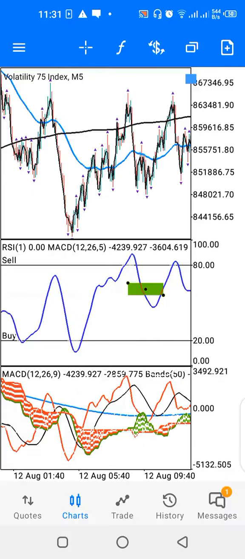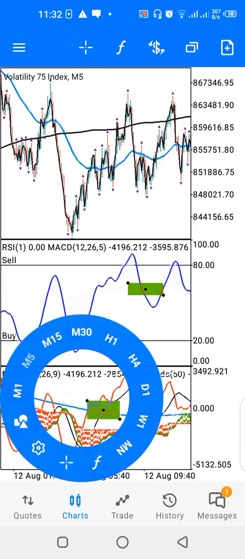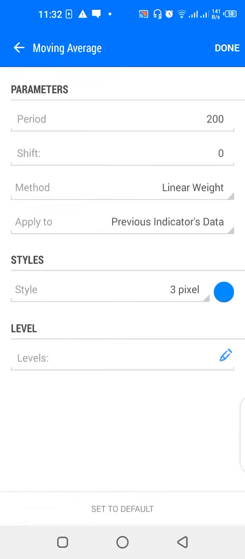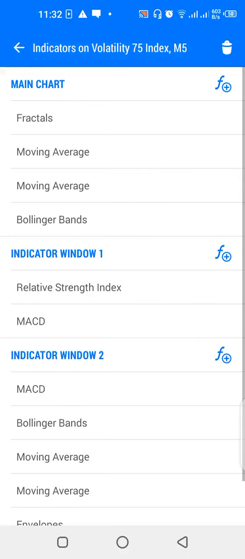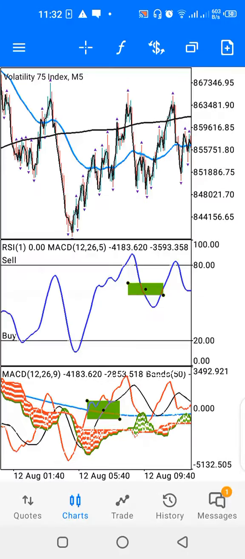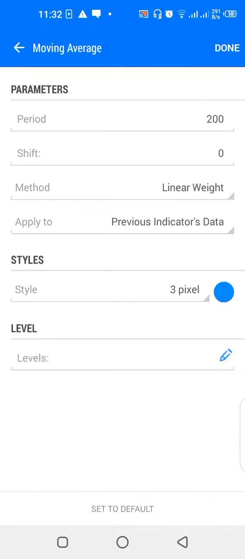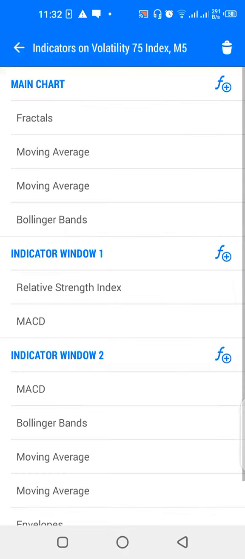When the red and the green lines cross above the Ichimoku, or cross above the blue line. What's our blue line? The blue line is the 200 linear weight, previous indicator's data.